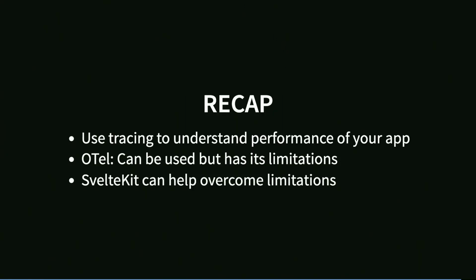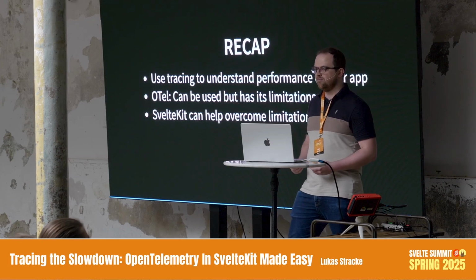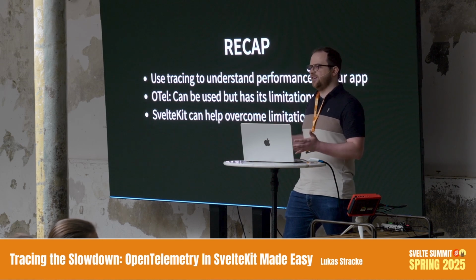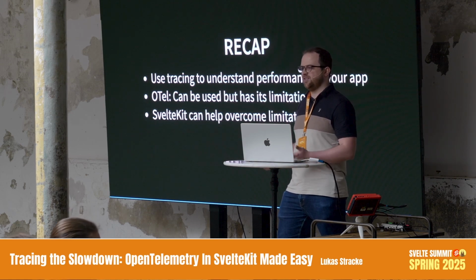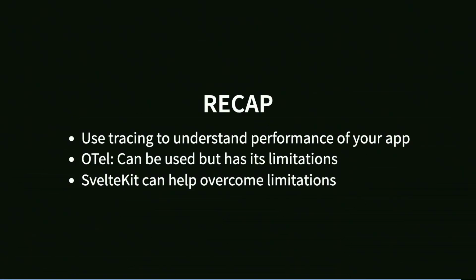All right, so let's make a quick recap here. Tracing is a really nice way to understand the performance of our application and to find and diagnose performance issues like this N+1 query we saw beforehand. And OpenTelemetry is probably the thing you want to use.